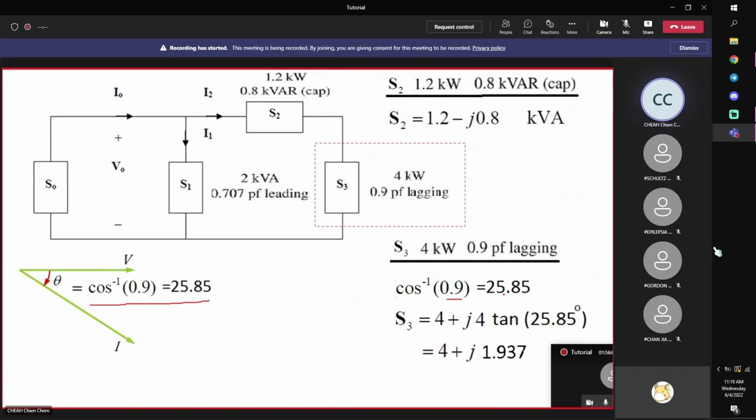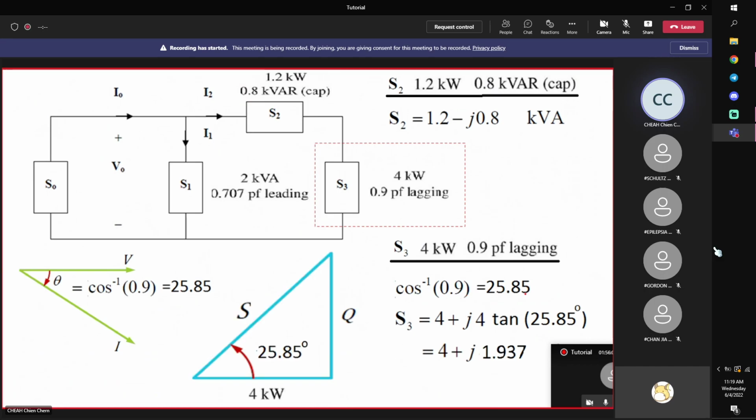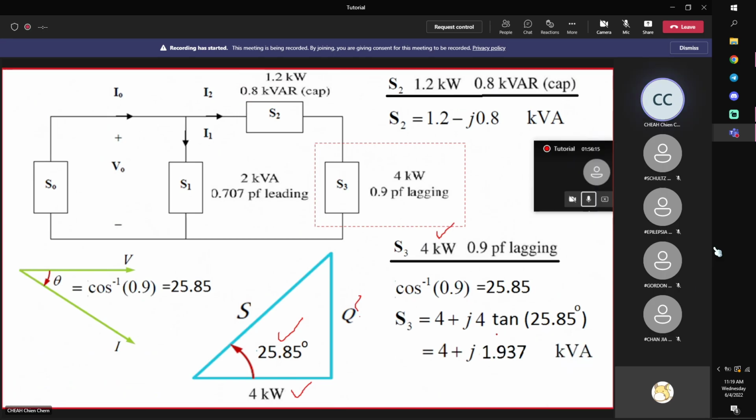Arc cosine 0.9 is 25.85 degrees, press calculator. I'm given this real part, so to find Q is 4 kilowatts times the tangent of this angle. In fact, tangent of the angle is equal to Q over P, so therefore Q is P multiplied by tangent theta.